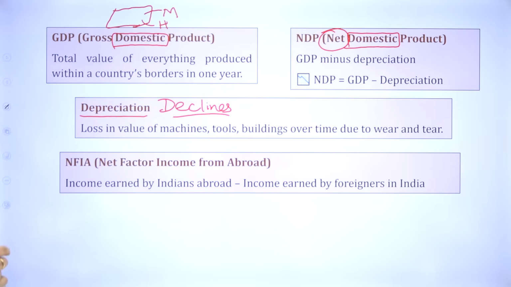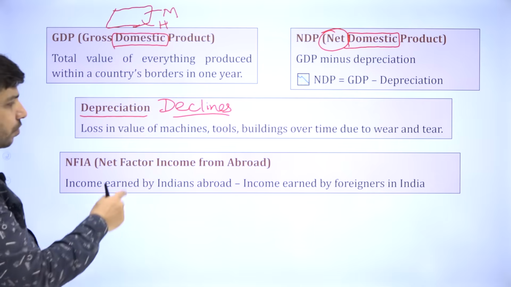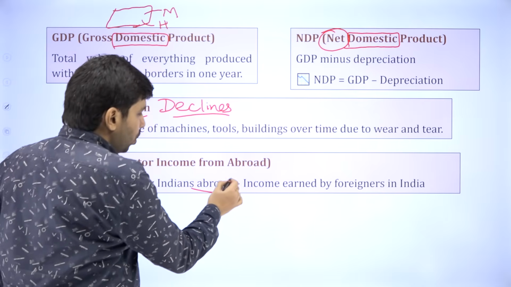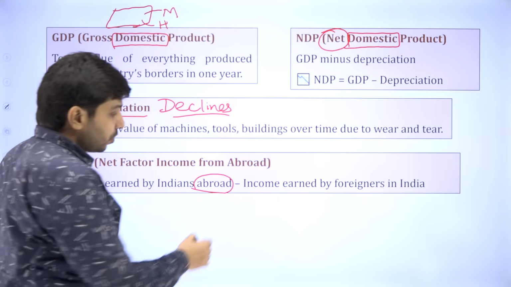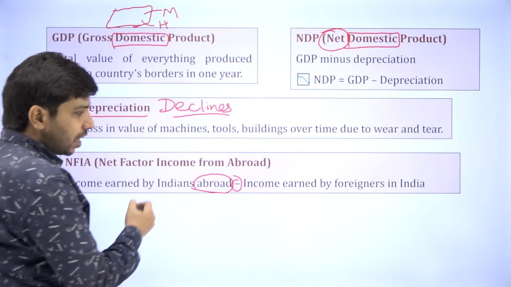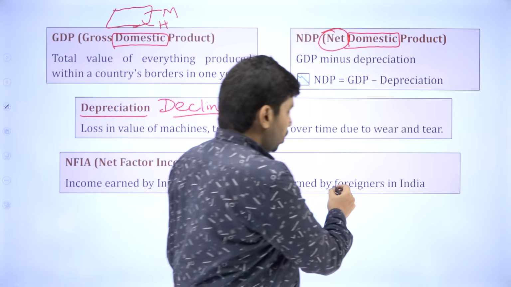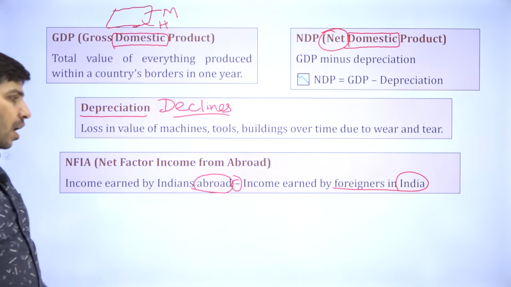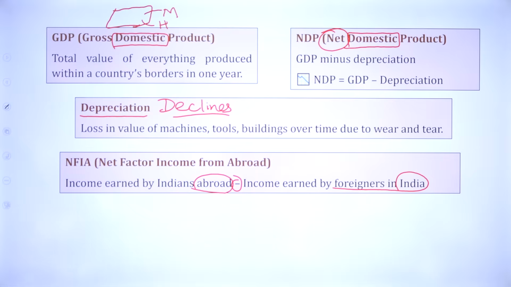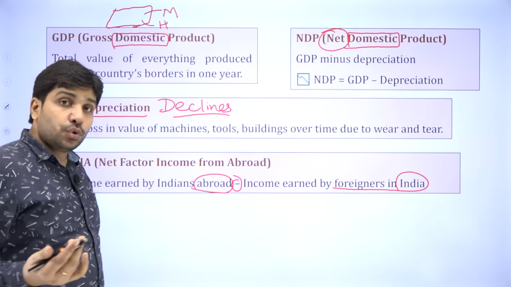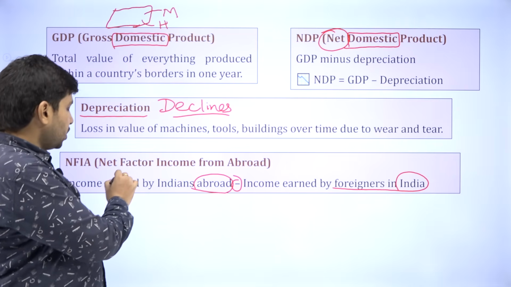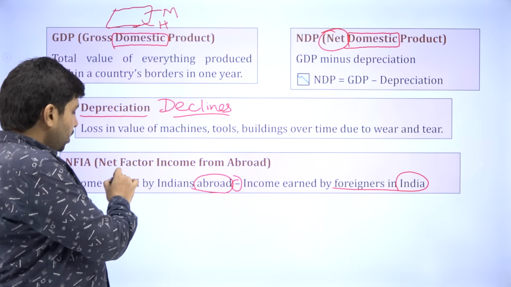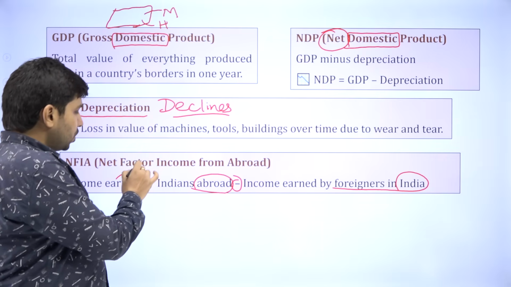The next concept we encountered was net factor income from abroad. It is income earned by Indians abroad, abroad meaning outside India, minus income earned by foreigners in India. How to understand this? Take the example of Infosys. You know Infosys? Infosys is an Indian company, but it earned rupees 100 crore from its US business.